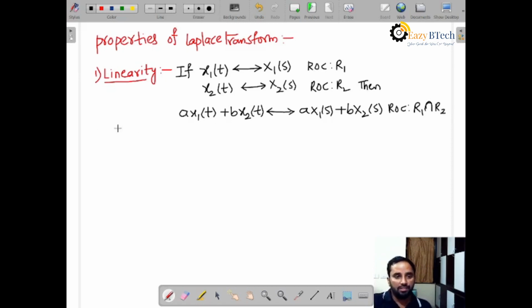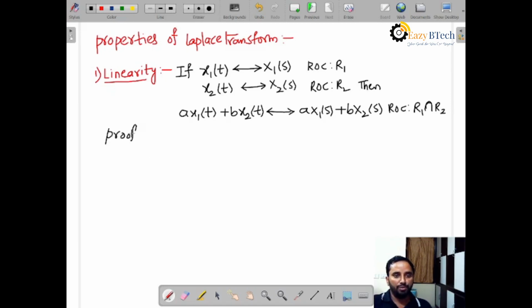Right? Let's see the proof. So this proof we can do easily by the Laplace transform formula. Most of the properties are proved with the help of Laplace transform formula. Let's write that formula first.